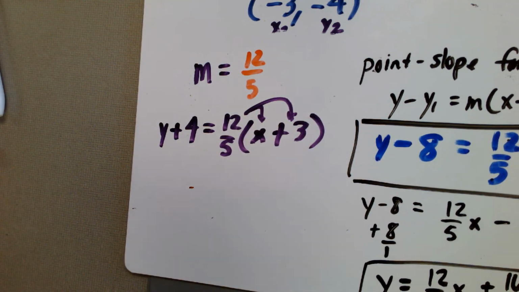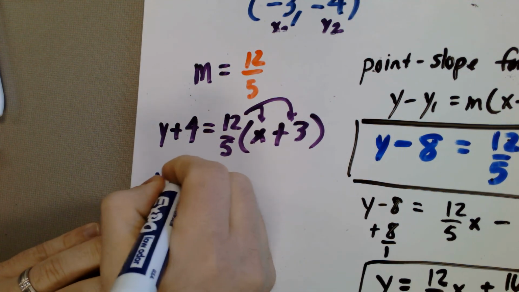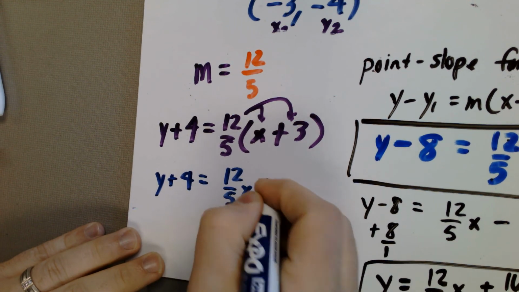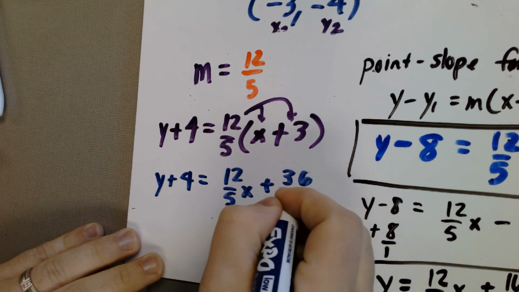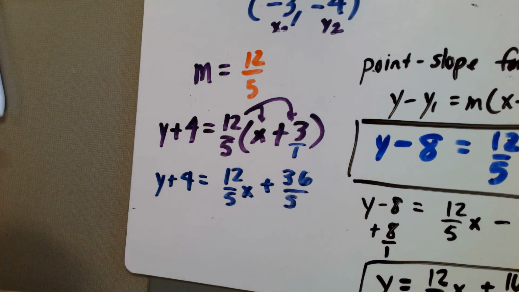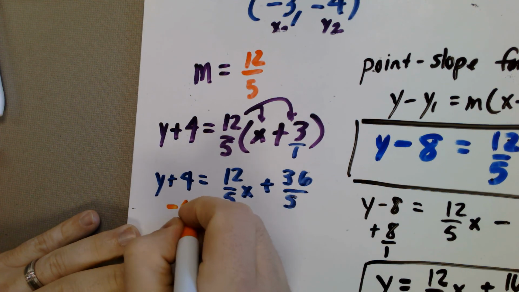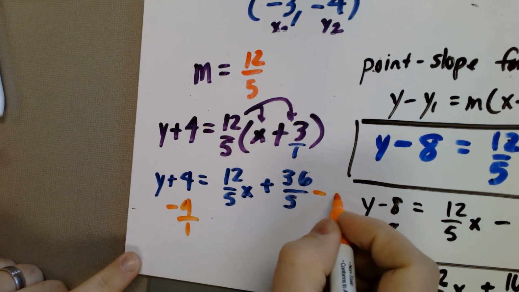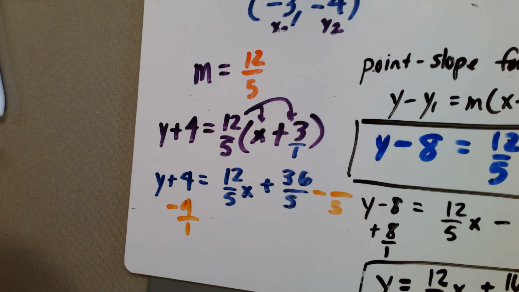We distribute the 12 fifths to both numbers. And when I do that, I end up getting y plus 4 is equal to 12 fifths x plus 36 fifths, because remember, 3 over 1. Now I need to subtract 4 over 1. And when I subtract this, again, I want a common denominator of 5.